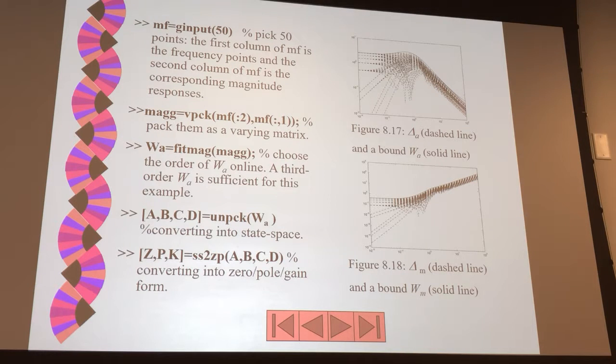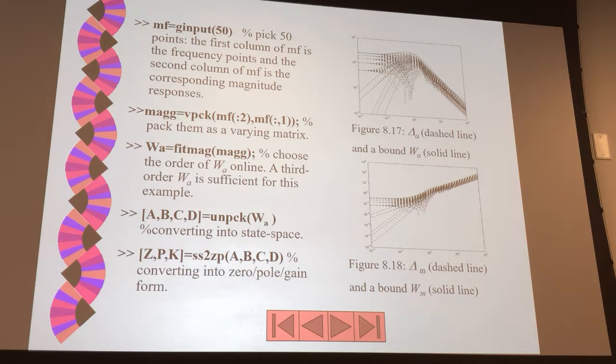And with vpck, you just pack those varying matrices together. You fit this magnitude, and you get a WA. Then you do unpack, so you will get state space ABCD, and you can also convert state space to ZP, so zero, pole, and gain. ZPK, zero, pole, and gain format.